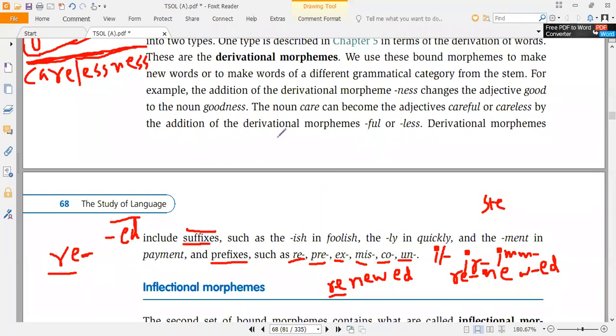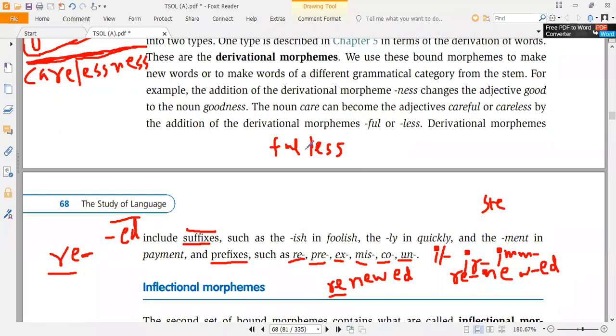So suffixes are full, beautiful, careful. We have got less, careless, hopeless, senseless, hundreds and thousands of examples you may come up with.